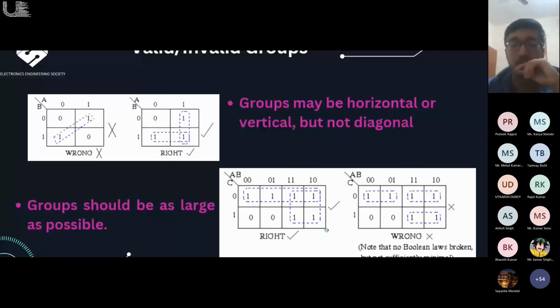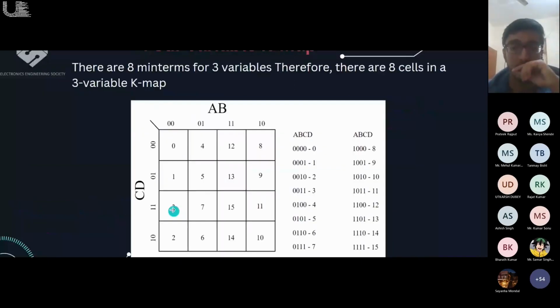And just keep a note for 4 variables. You will have 0 1 3 2, then 4 5 7 6. But from here you have 1 1 0 0. Anyone tell me what is 1 1 0 0 in decimal quickly?